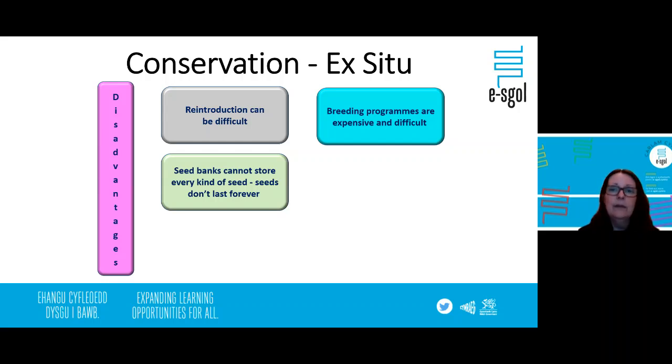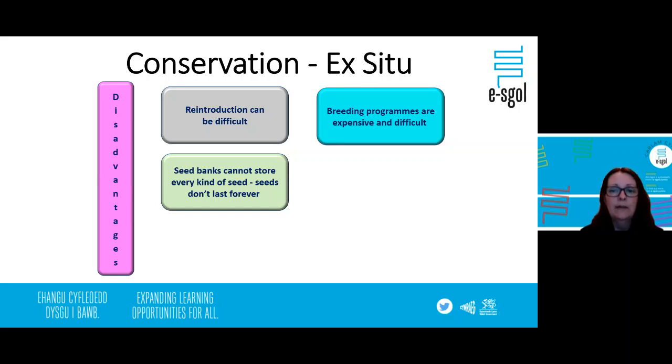So there are certainly issues surrounding that. When we mentioned the storage of seeds earlier, we said that it was useful, but there is a limit in terms of the amount of seeds that can be stored. We can't store every single seed that we might need to, and also there is a time limit in terms of how long those seeds may be stored.